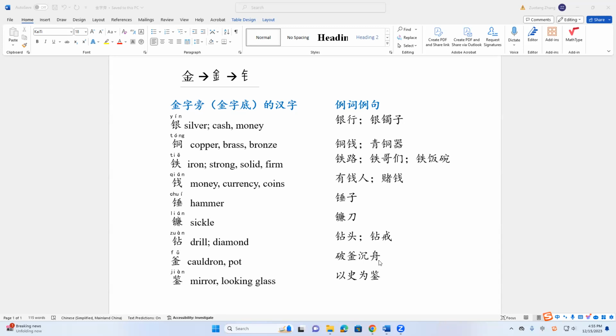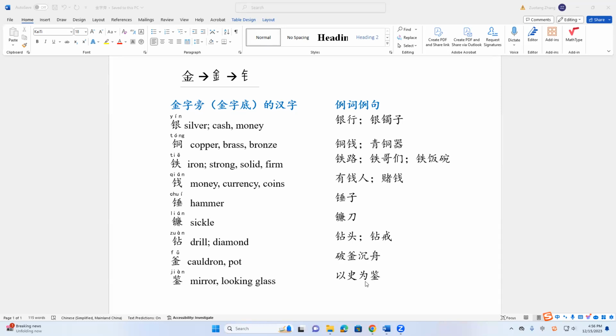Xiang Yu, a very heroic general, was leading his troops fighting against the Qin troops. When they crossed the river, they broke their cauldrons and sank their boats. Later on, this became a very useful idiom.